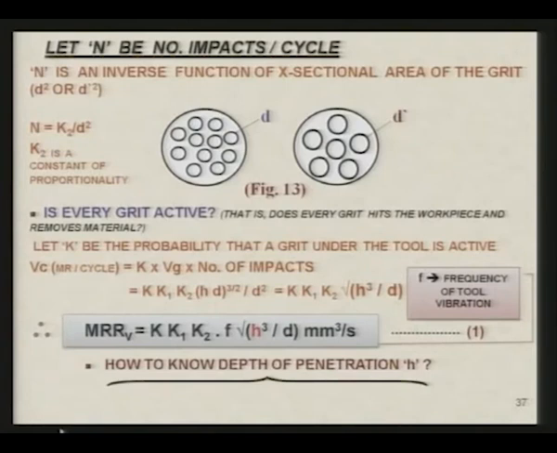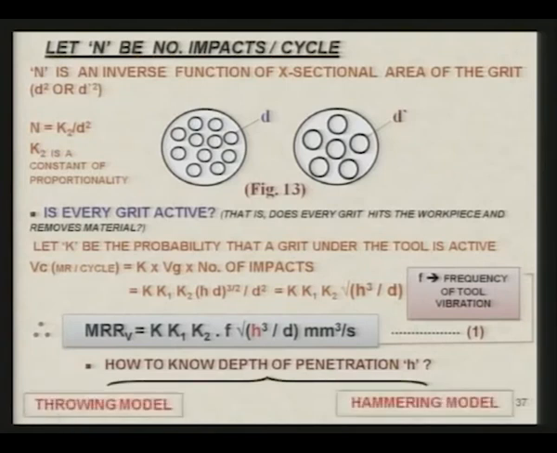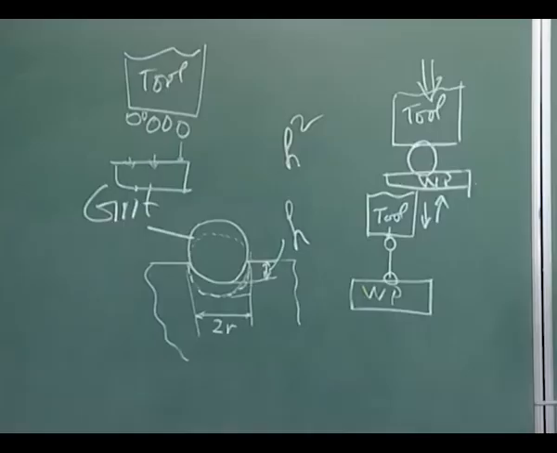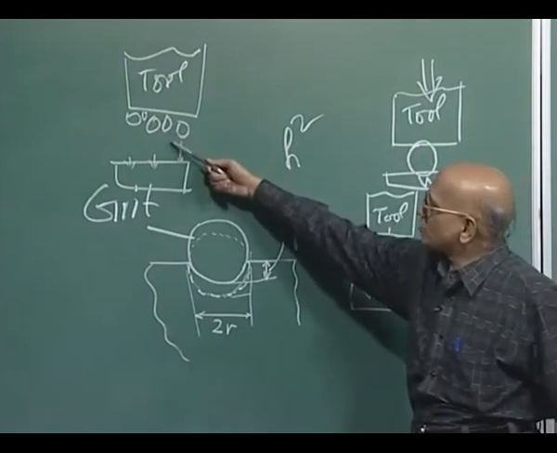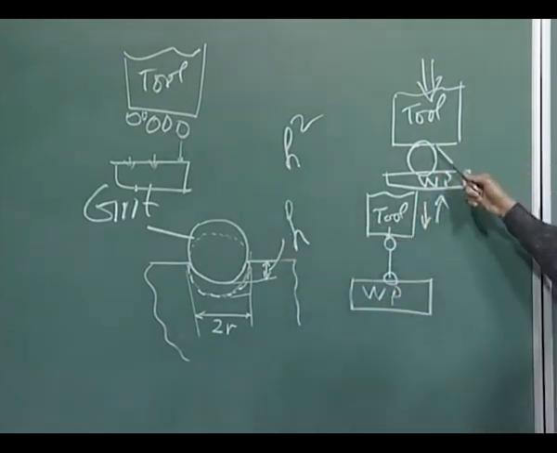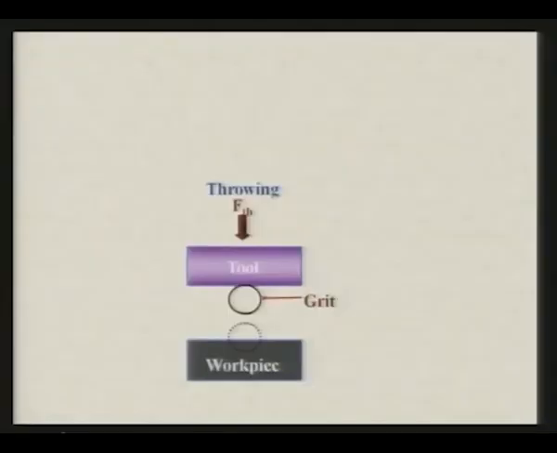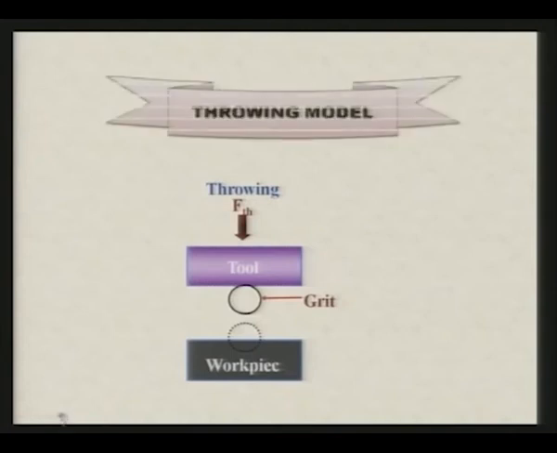So, we will be using two different models proposed by Professor M.C. Shaw. One is the throwing model, another is the hammering model, which I have already explained to you. As you can see clearly, the grit is thrown by the tool and it is penetrating inside the workpiece. FTH is the force acting when the tool is hitting the abrasive grit in the throwing model.